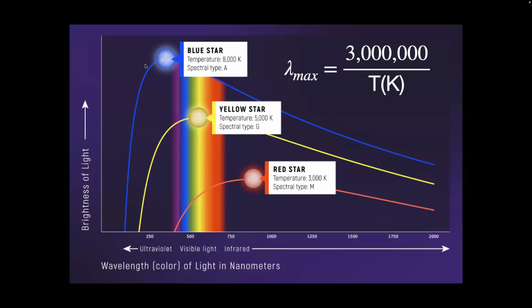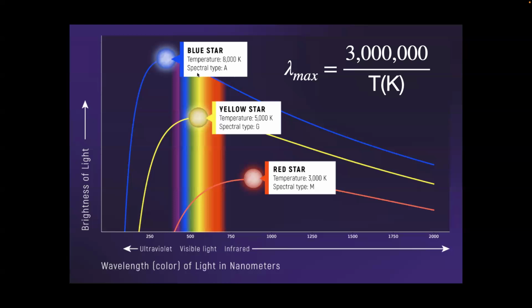And you can see how this corresponds to when we're looking at actual stars, right? If we see a star with its peak emission in the blue or maybe even the ultraviolet, a little bit outside the visible spectrum, we know that this is a pretty hot star.